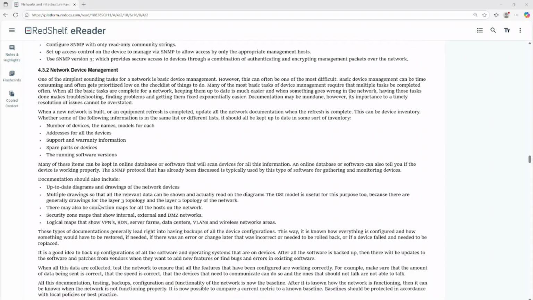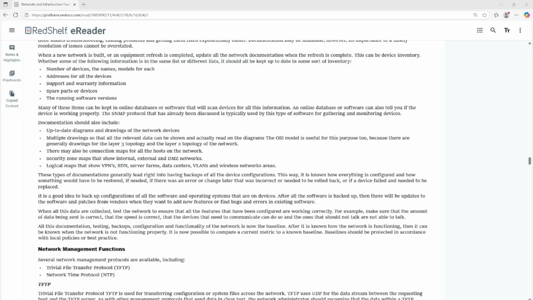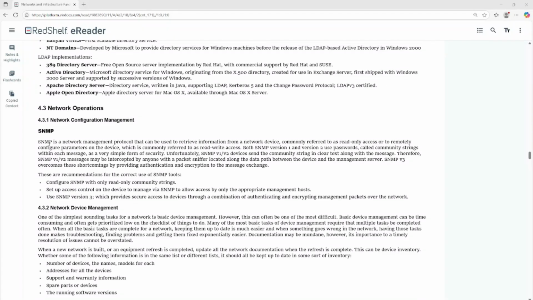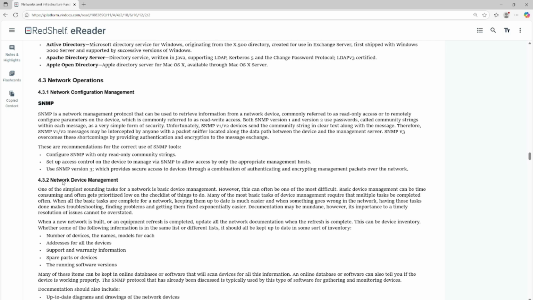One of the things that you need to understand with network device management is that SNMP plays a huge role to gather and monitor those devices. It gets the information and monitors the devices and provides that information in this process.